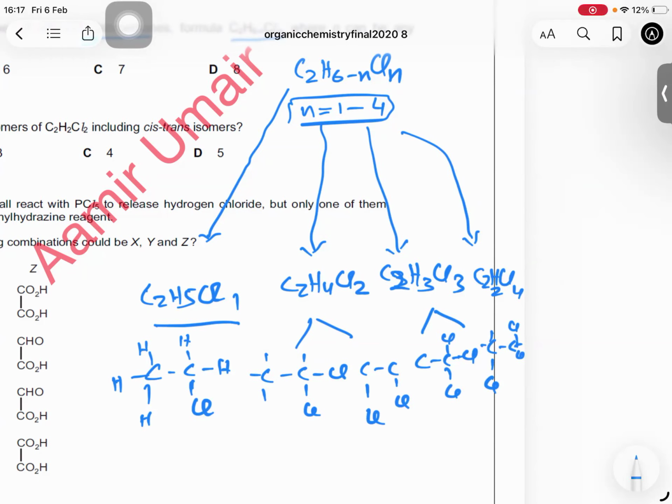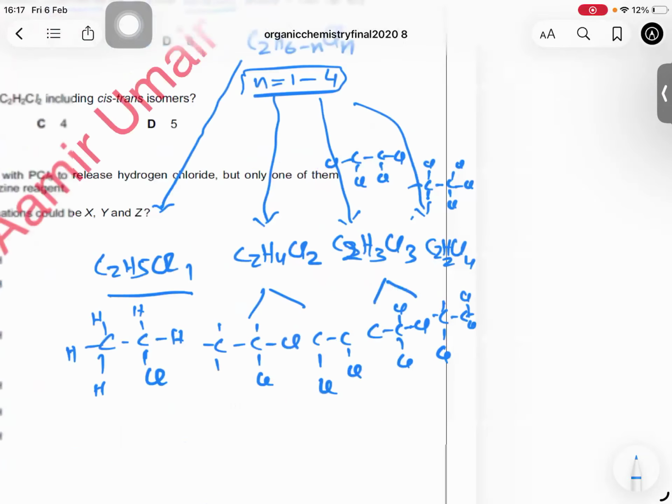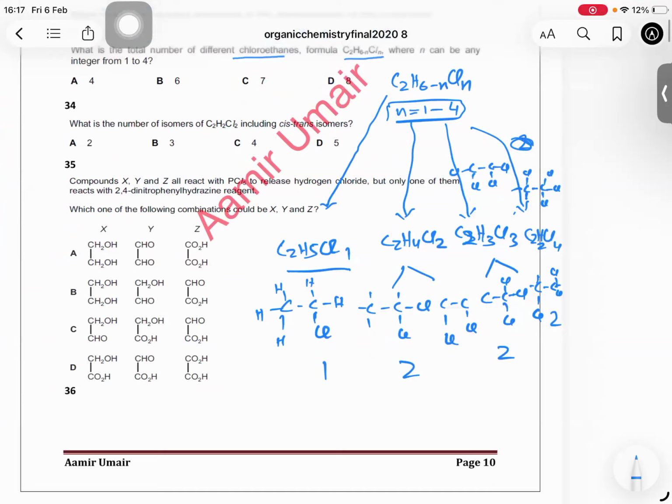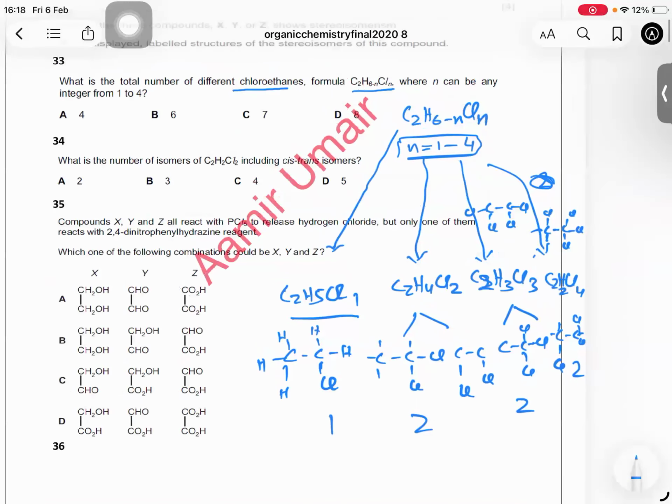Okay, and the last one, the 4 one, this is 1,1,1,2-tetrachloro, and there is one with 1,1,2,2-tetrachloro. That's 2. Yes, 1, 2, 2 and 2. So total number is 7. Yeah, 7 is the total number.